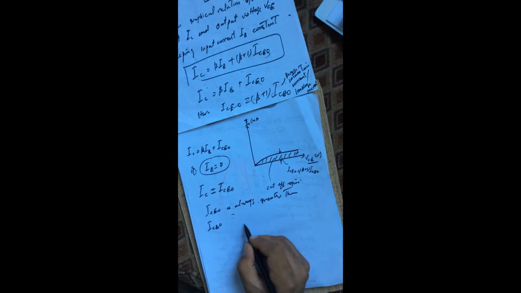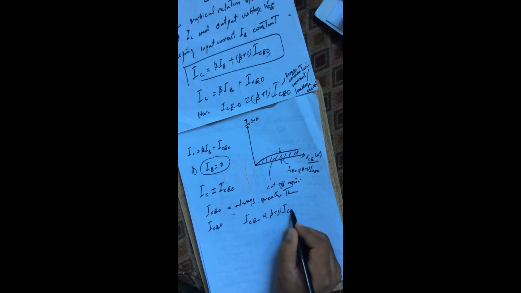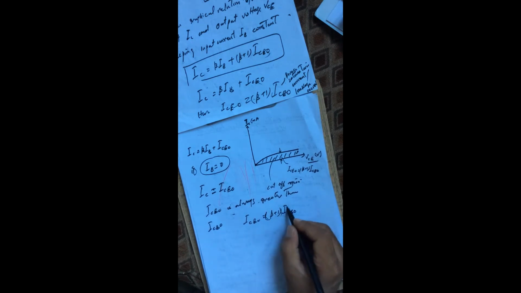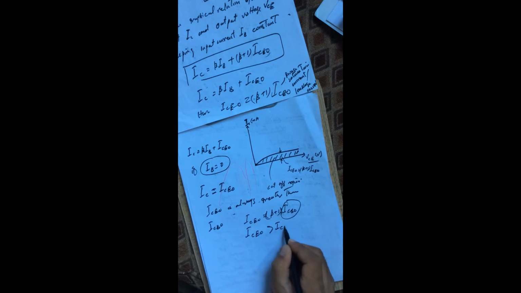Why? Because ICEO is equal to beta plus 1 ICBO, so there is an extra term, beta plus 1, which is multiplied with ICBO. That's why we can say that ICEO is greater than ICBO.